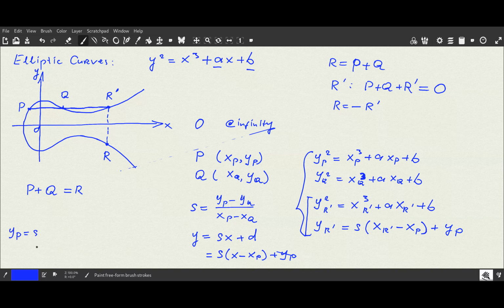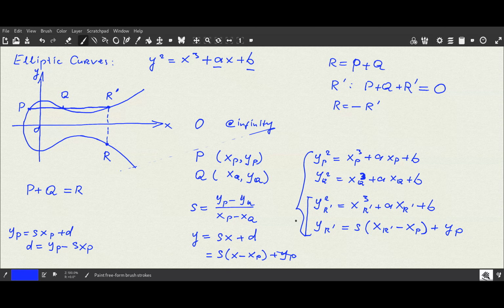From this, it is immediately clear that d equals yp minus sxp. Substituting d into this equation, we have y equals sx plus yp minus sxp, or, factoring out s, s times x minus xp plus yp. Okay, got it. Or xq, yq to that end.